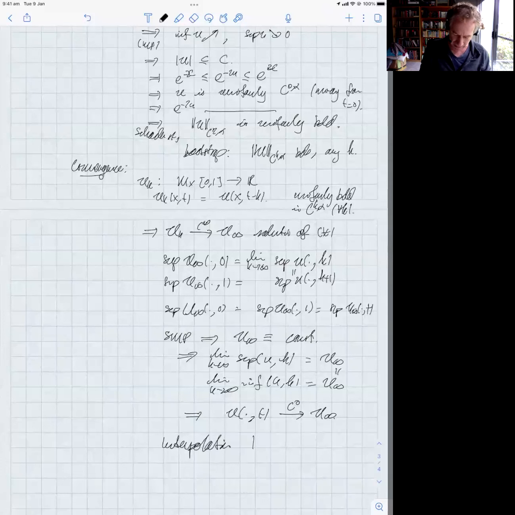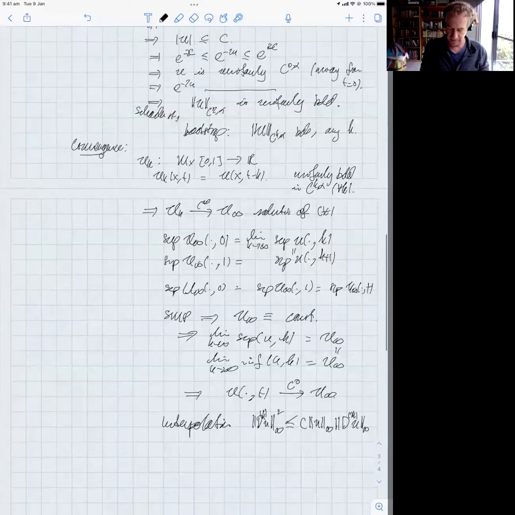I can use, for example, a convenient interpolation which would say that the kth derivative, d^k u, has norm squared bounded by some absolute constant times the sup of u times the sup of the 2k derivative of u, right?